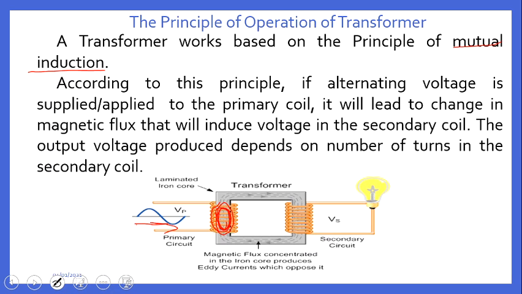I have explained the meaning of magnetic flux already: the product of magnetic field and area. So the flux generated will link to the secondary coil of the transformer, and that produces voltage at the secondary coil. We refer to this operation as the principle of mutual inductance.